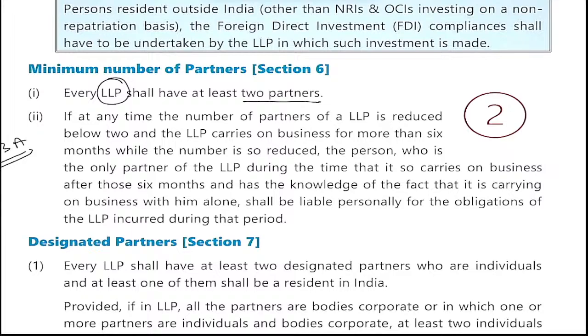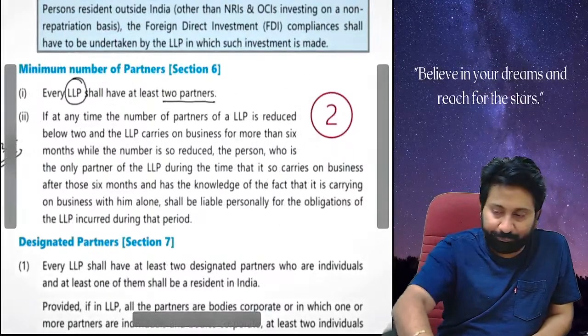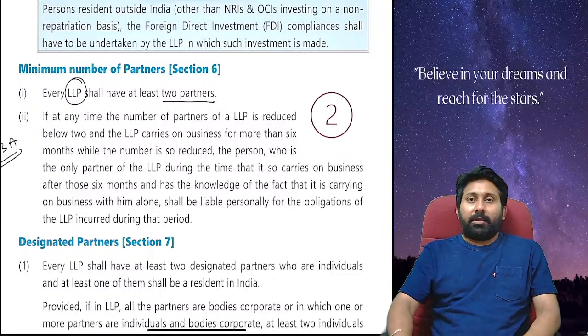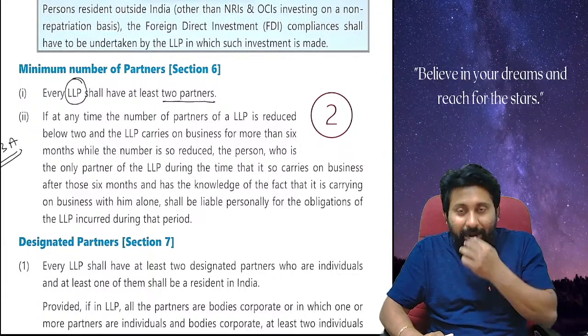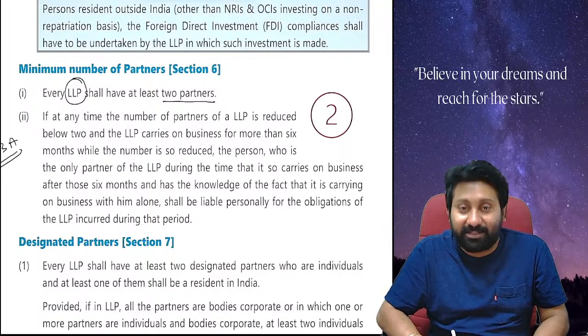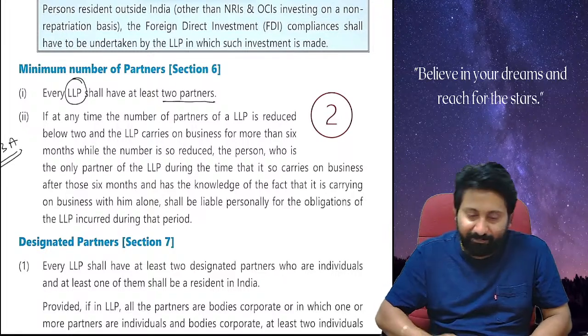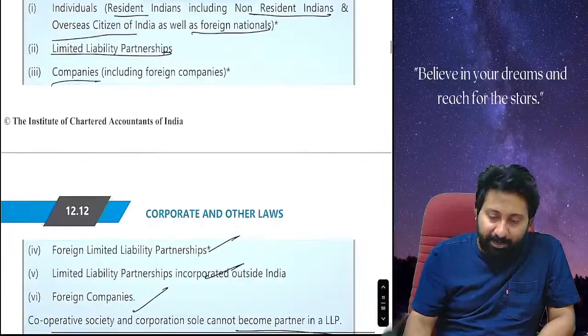Completed? Okay. Let us now try to analyze this particular section. See here. Every LLP must have two partners. Pakka. But you can't stop the death. Two partners started the LLP.